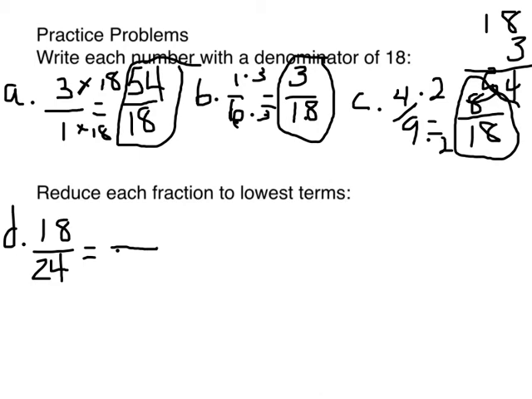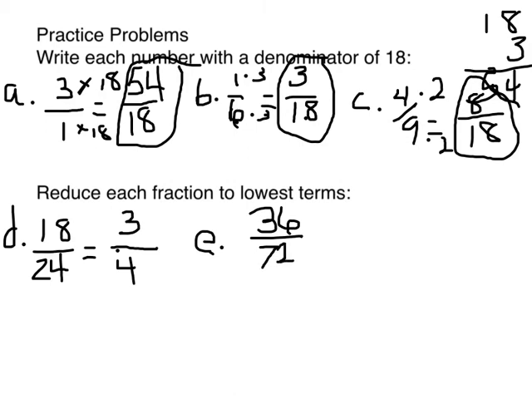And 18 divided by 6 gives me 3. And 24 divided by 6 gives me 4. So it reduces to 3/4. If you don't know those multiplication tables, though, you're going to have to dig a little bit until you learn them. Those things are not just going to pop right out at you, so it's going to start taking you more time.